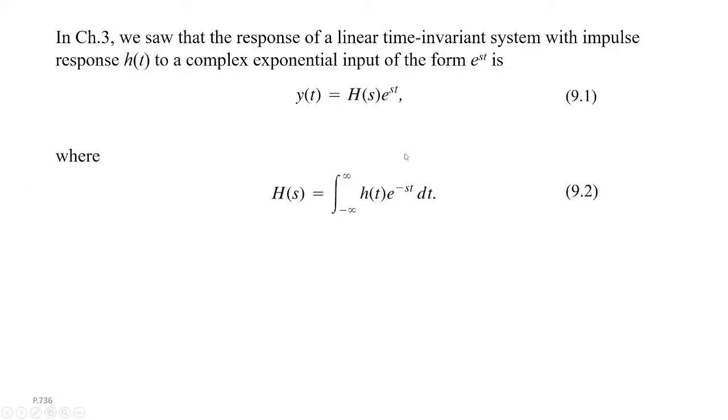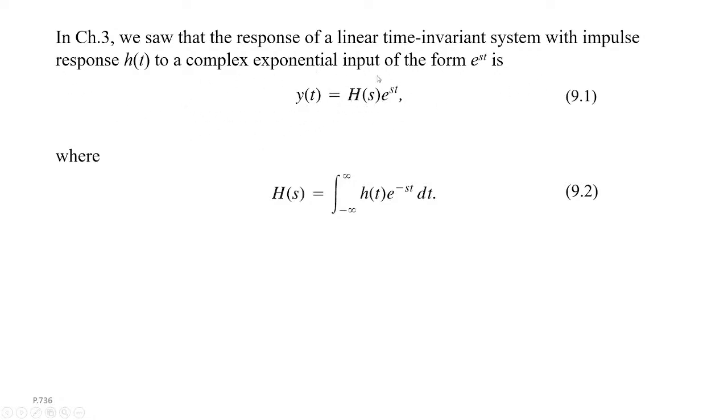We start all the way back in chapter 3, which was the motivation for doing the Fourier transform. We found that a complex exponential, a function of the form e to the st for any complex number s, is an eigenfunction of an LTI system.